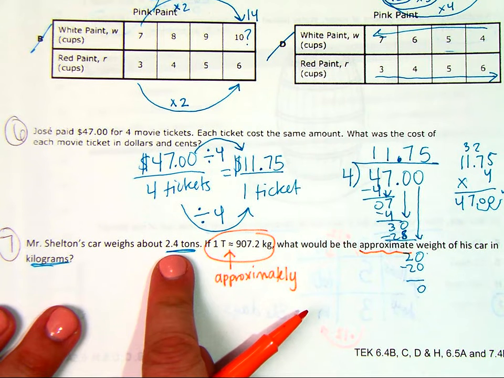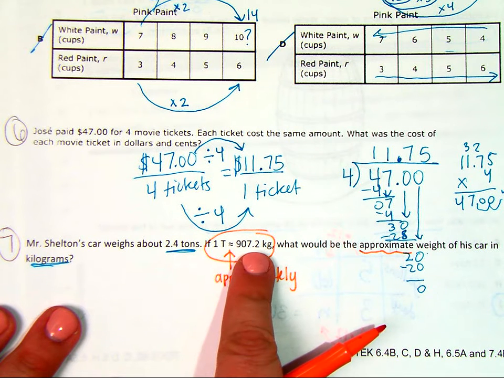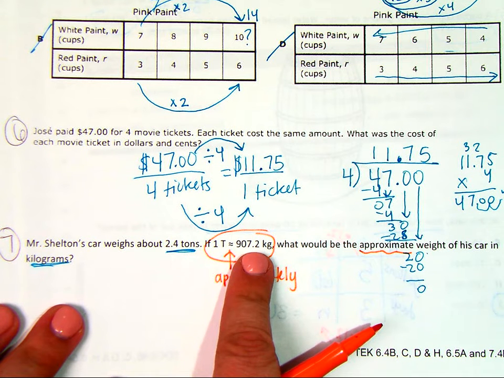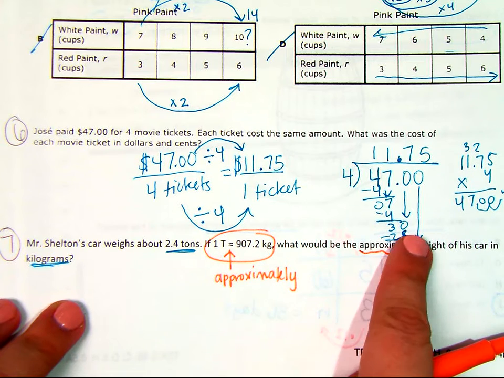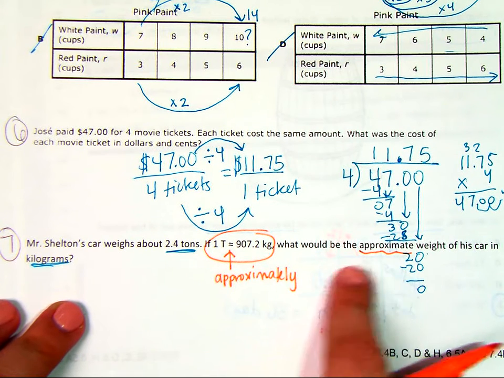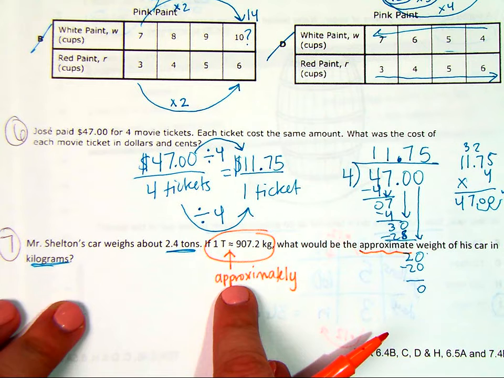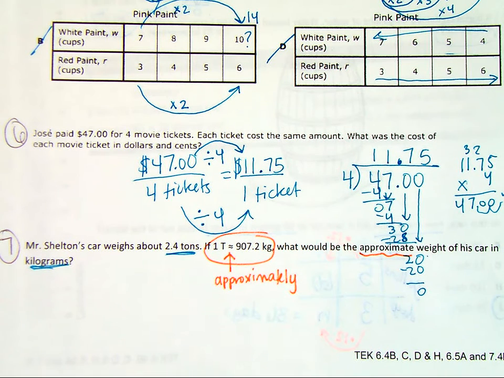I already have an approximation in my conversion. So you need to work it just like you would a problem that had an equal sign. The approximate here comes from the fact that I can't get an exact measurement off of a number that's already been approximated.